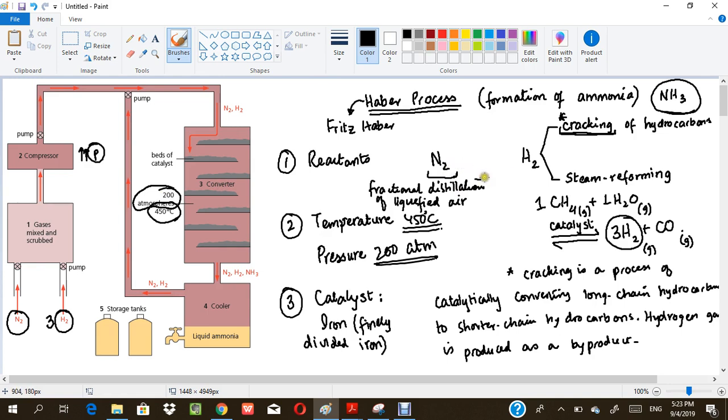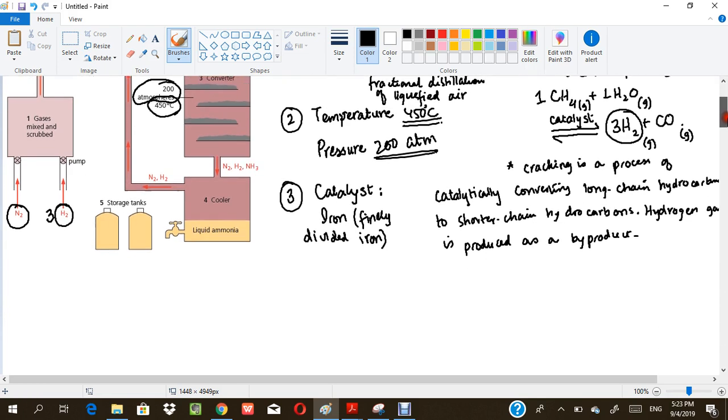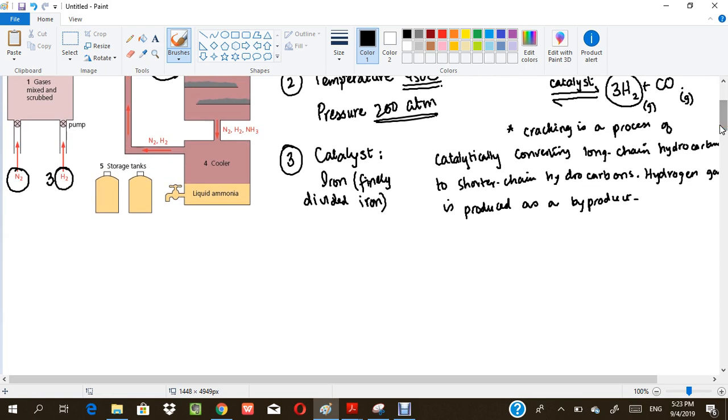And how does this happen? I'll just give a very slight detail of the reaction mechanism that is occurring. Let's say that this is a bar of iron. What happens is that we have nitrogen molecules and hydrogen molecules. So each of these molecules approach the surface of the catalyst.